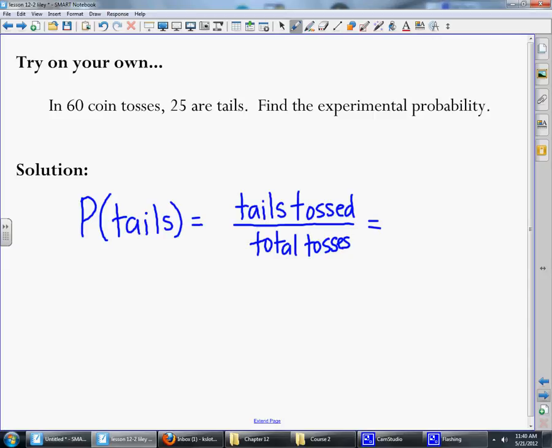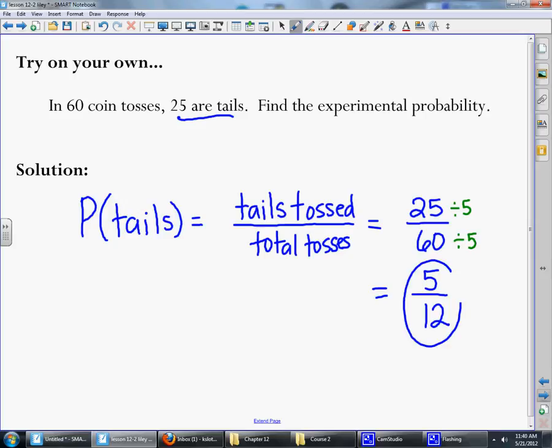So tails are tossed 25 times out of 60 tosses. Now we can reduce the fraction because they both end in 5, so we can divide the numerator by 5 and divide the denominator by 5. 25 divided by 5 is 5, and 60 divided by 5 is 12. So we have a 5 in 12 chance of tossing tails.